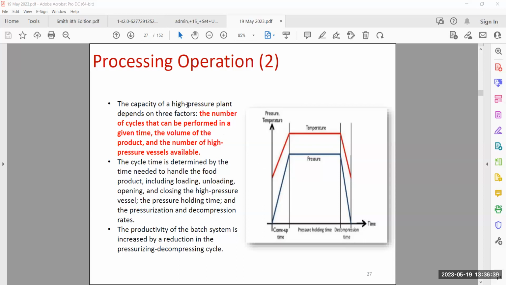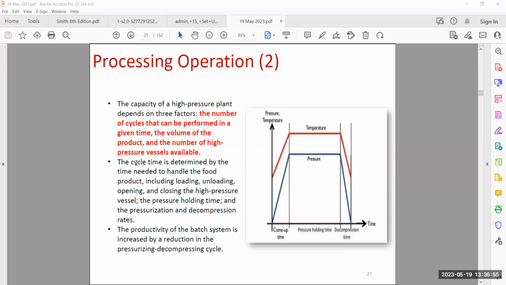Okay, so the capacity of high pressure plant depends on three factors: the number of cycles that can be performed in a given time, the volume of the product, and the number of high pressure vessels available. So the more you have, the faster you can treat your food product.